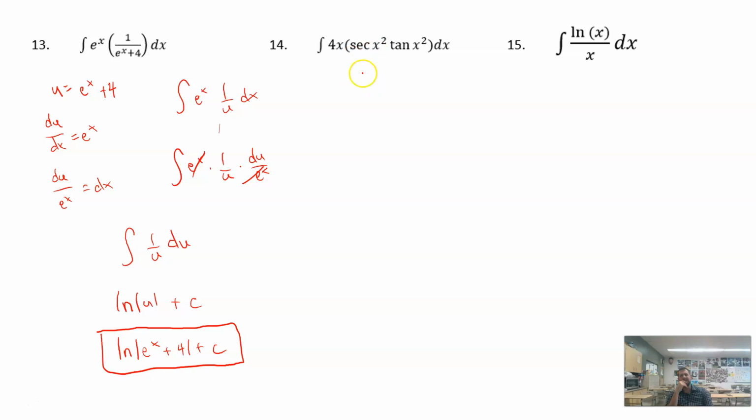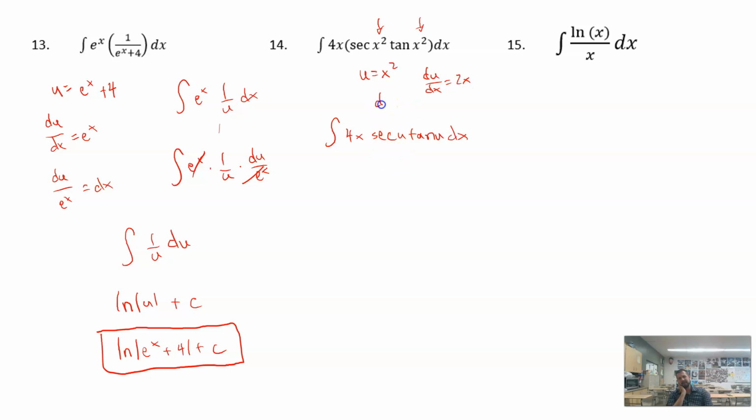On number 14, we're going to let u equal x squared. And we're going to put u in for both places where we see x squared. So I'm going to have the integral of 4x times secant u tangent u, and we've got dx. So now we take the derivative of that. So I get du dx is equal to 2x.